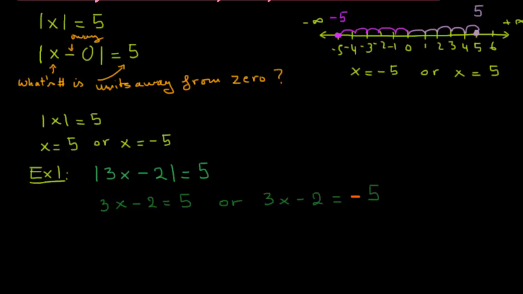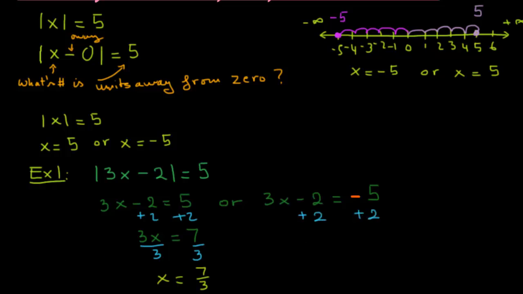Then we go ahead and solve each equation. To isolate the x, add 2 on both sides. We will have 3x equal to 7, and we divide by 3 on both sides. So x equal to 7/3 is my first solution. Now for the next one, to isolate the x, we add 2 on both sides.